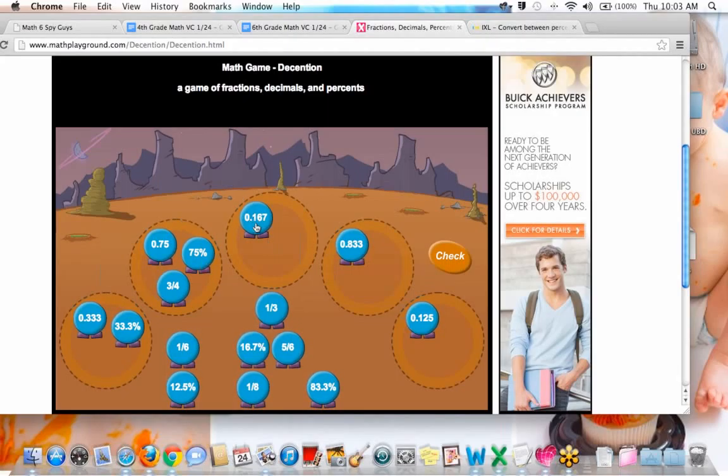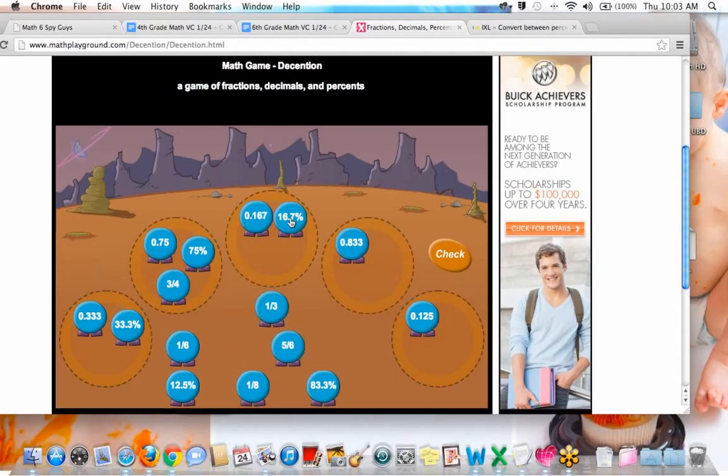Okay, now this one, the percentage is easy again, right? To find the percentage, if you have a decimal, all you do is multiply by 100 or move your decimal place over 2 places. So yes, all of you are telling me that that is 16.7%. Anybody want to take a guess at which one of the fractions? Okay, so we have at least one guess is 1/6, but let's come back to that at the end.